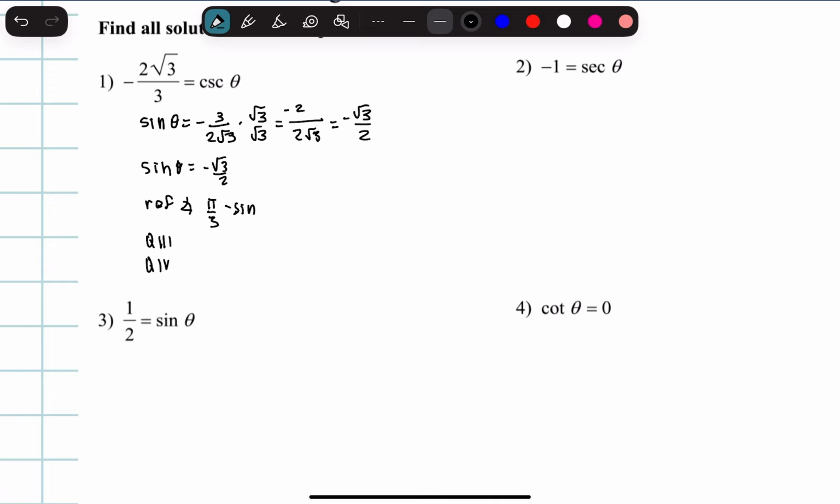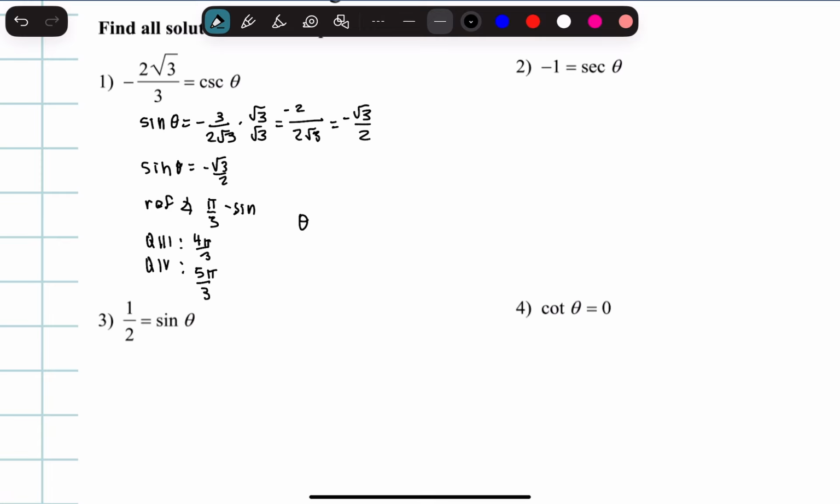So we know that we have 4 pi over 3 and we have 5 pi over 3. Now those are our solutions.